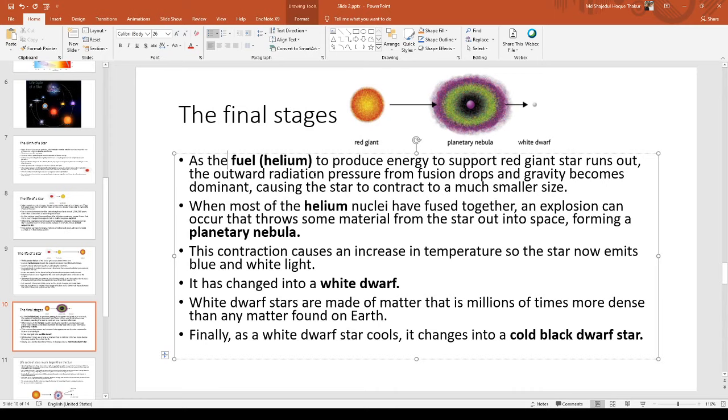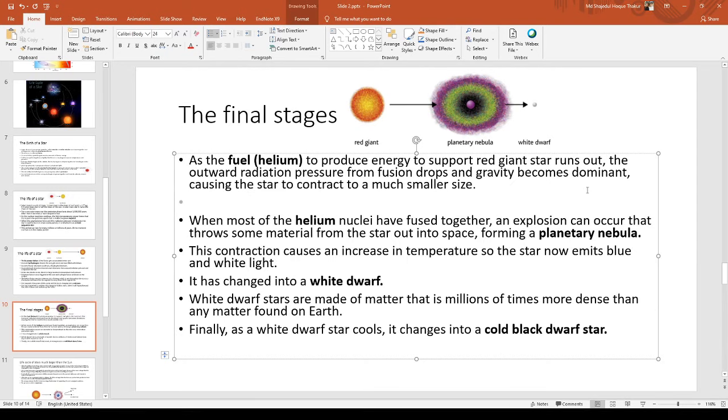So as less nuclear fusion occurs, there is not enough energy to support the red giant star. That is, the outward radiation pressure drops, and so gravity becomes dominant, correct? So causing the star to contract to a much smaller size.